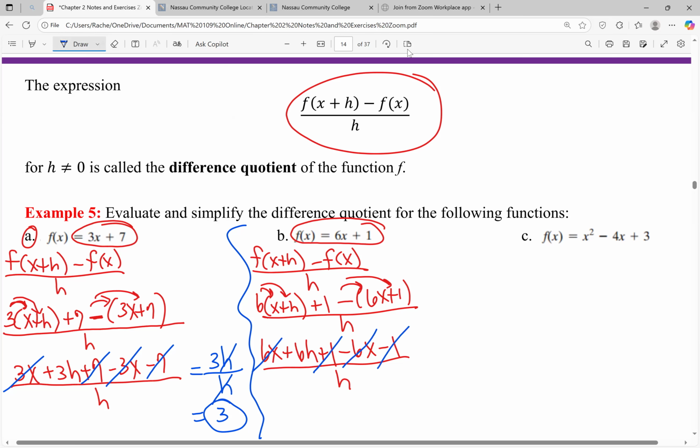I have a 1 and a negative 1. They also sum to 0. And I have 6h divided by h. h over h is 1. And my difference quotient simplifies to 6, which also represents the average rate of change of that function.